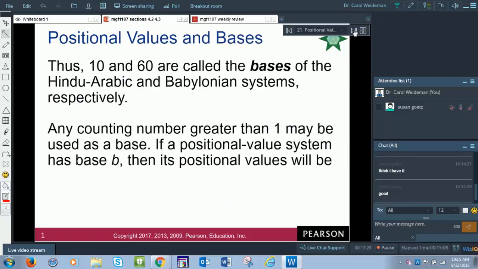So we can have other bases. Any counting number greater than 1 can be used as a base. If a positional value system has a base b, like 10, then the positional values are going to be 1, the base squared, the base cubed, the base to the 4th, etc. So no matter what system I want to work in, I can determine the positional values in this pattern.